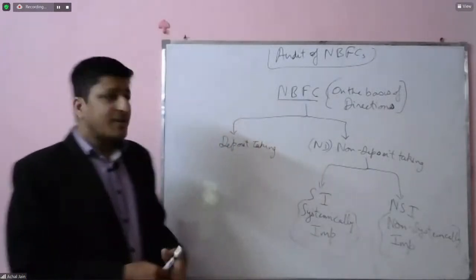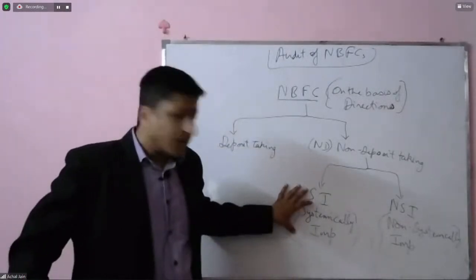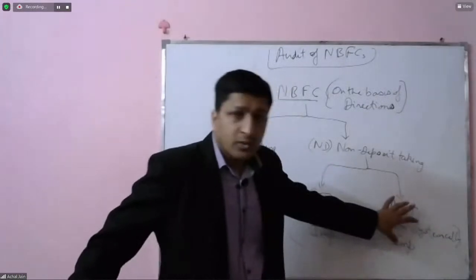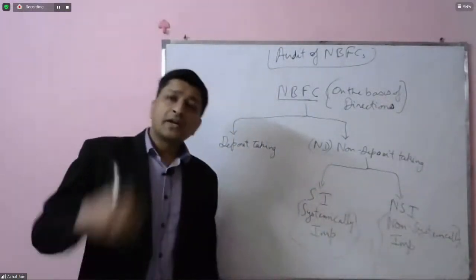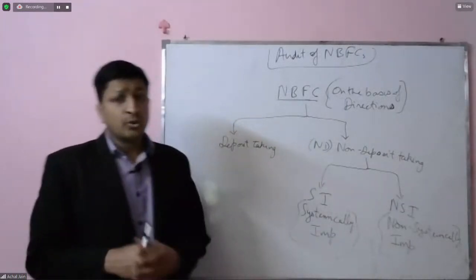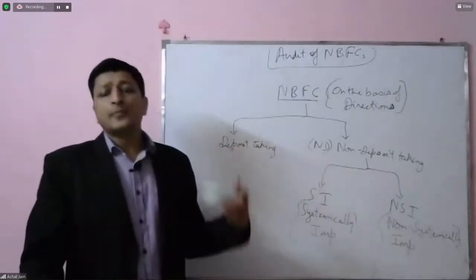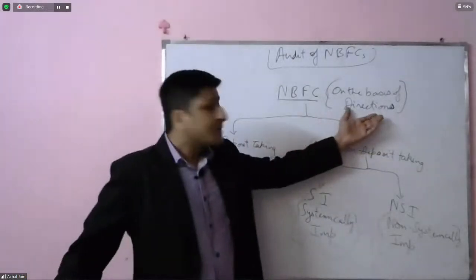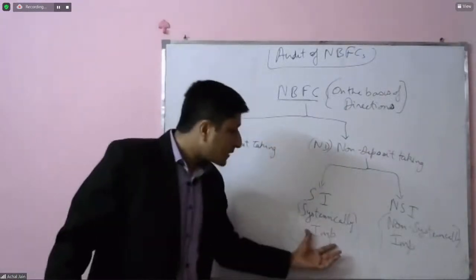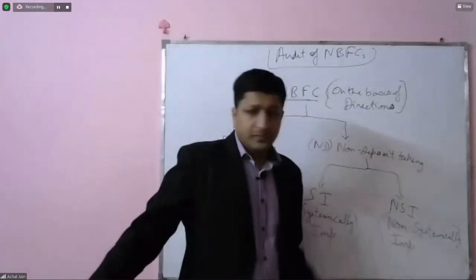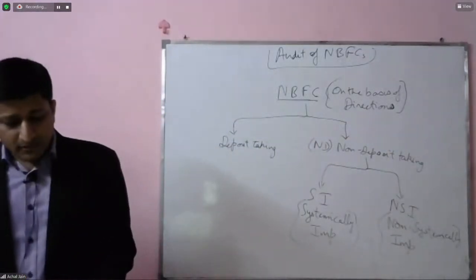Some NBFCs have been put under this bucket, some under this bucket, and some under this bucket. For all of these buckets, the regulations are different. Not entirely different, but different. That's why separate directions have been issued for these types of NBFCs. Okay, clear on this?